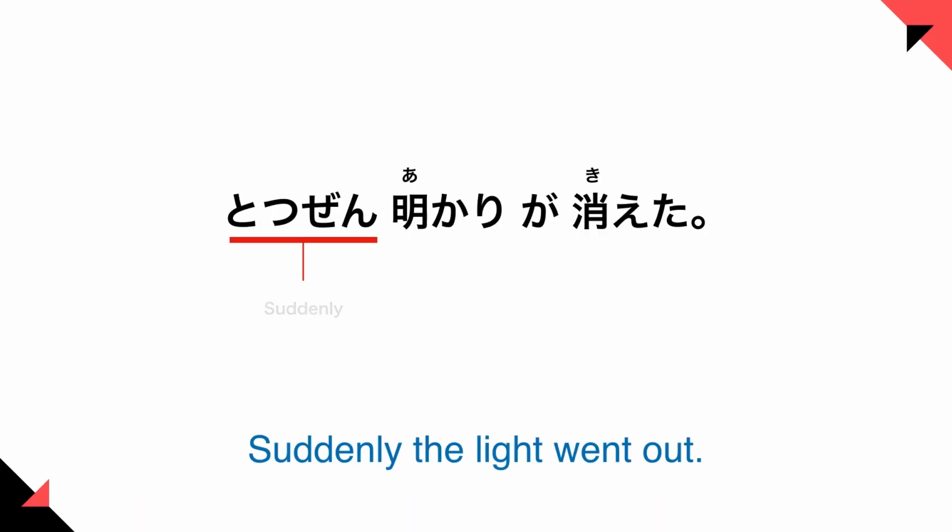Right, the first word 突然 means suddenly. 明かり means light. が is a subject marker, so 明かり is the subject in this sentence. Then 消えた is a past form of 消える. In this case, it means went out. What went out? The light went out.